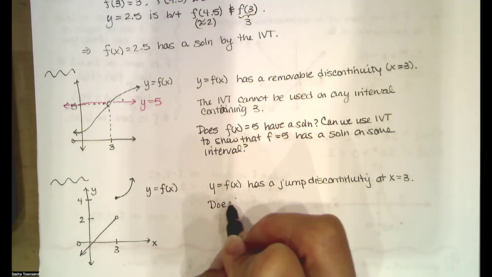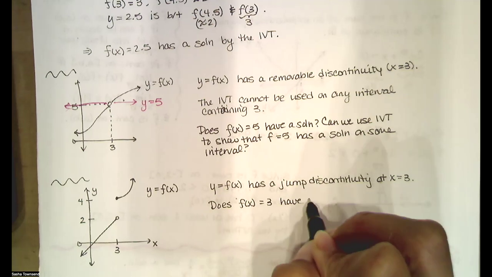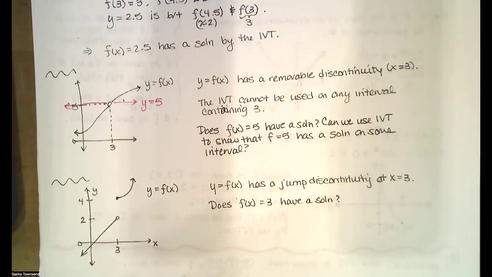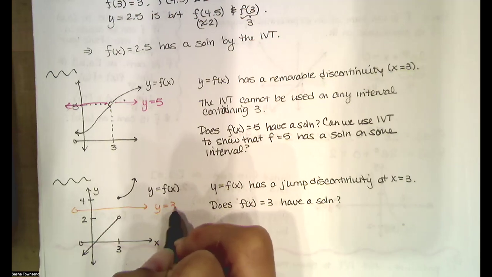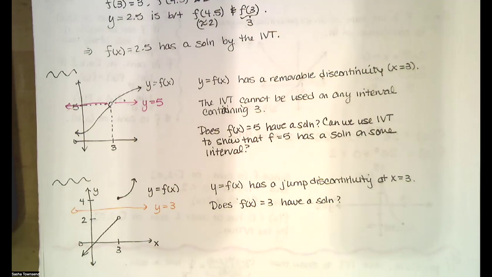Okay, does f of x equals 3 have a solution? And of course, the answer is no. If I graph y equals 3, we've skipped that value. We skipped all the values between y equals 2 and y equals 4.